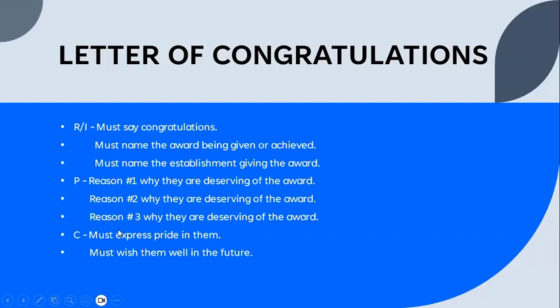And then C, must express pride, must wish them well, that's 8 points. But definitely the examiners were looking for 6 content points. So of any of those 8 that you write, you're giving the examiner the choice to choose, okay, they can get these 6 points. You don't want to be exact and write 6 points. You want to give at least 8 points so that you get all of your points.